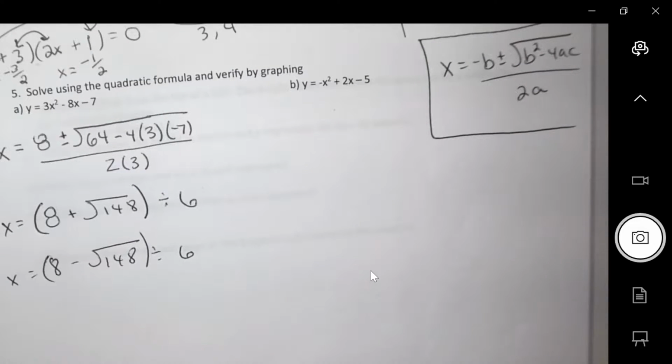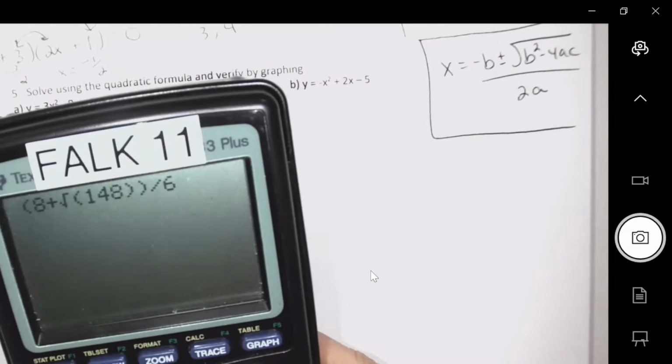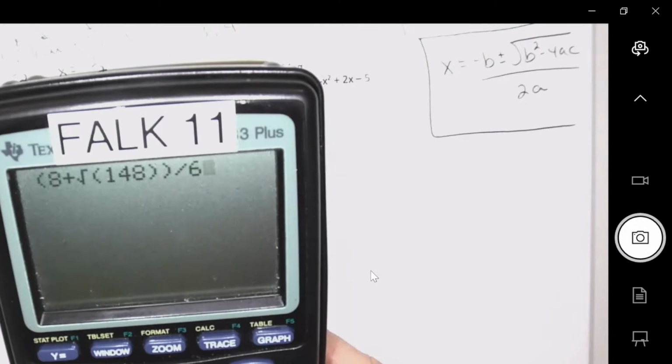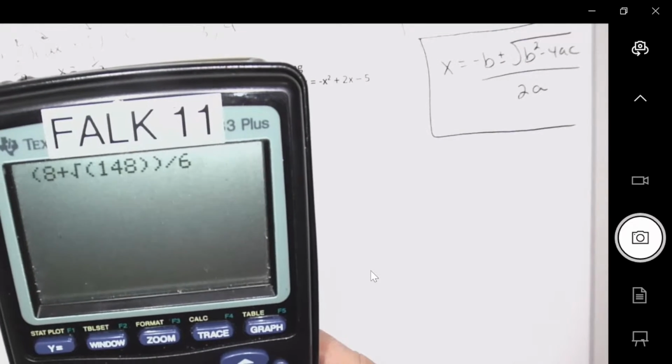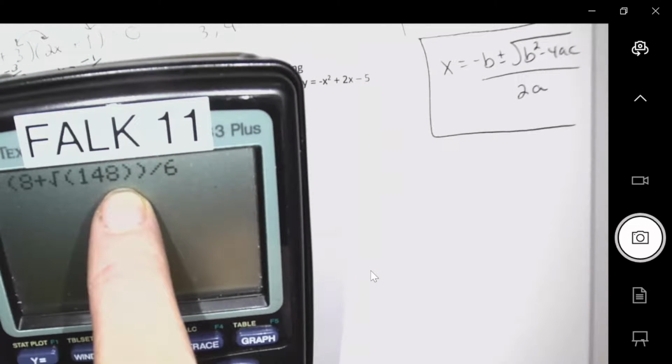So when you're typing this on your calculator, don't forget the bracket because of the square root.